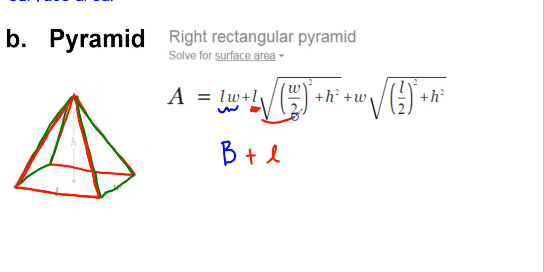The next piece is this big, long square root piece. And where that comes from, guys, is if we look at just this particular triangle and we draw an altitude of that face. So we drop that line down from the vertex up top to the base of this triangle that is a face of the pyramid.